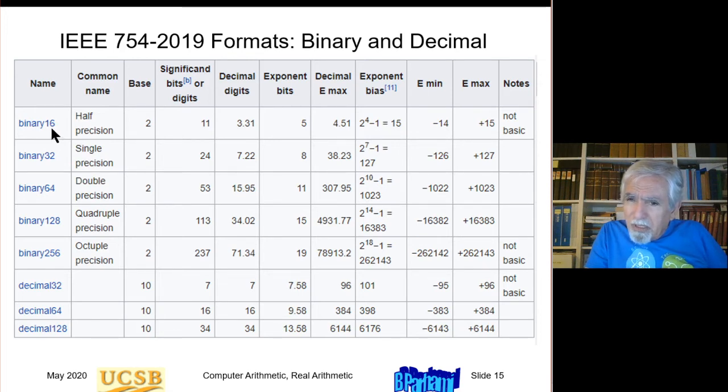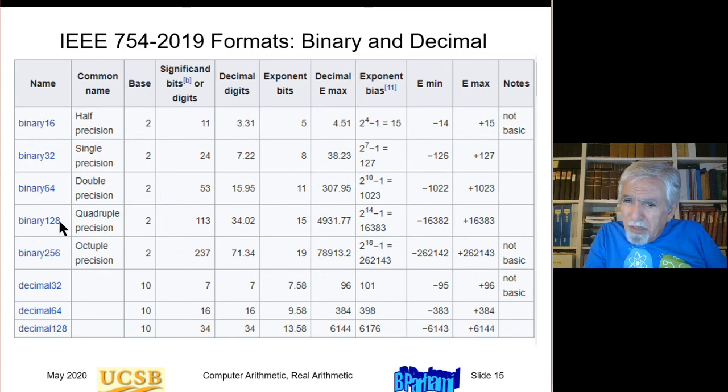Of course, this is not very precise because you have one sign bit, 5 exponent bits, that's 6 bits, and 10 fractional bits. It says 11 here because it counts the hidden 1 as well. Here they have the hidden 1 plus 23 bits. Here the hidden 1 plus 52 bits.